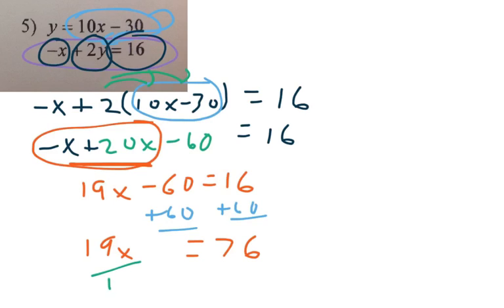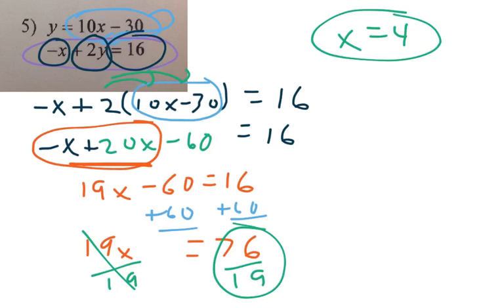And finally we're going to divide by 19, right? We're solving for x. 19 divided by 19 is 1x. And it just so happens, doesn't 76 divided by 19 equal exactly 4? So I now know my x is positive 4. Again, we're not done. We're now going to plug that back into our blue equation, since it's already solved for y.